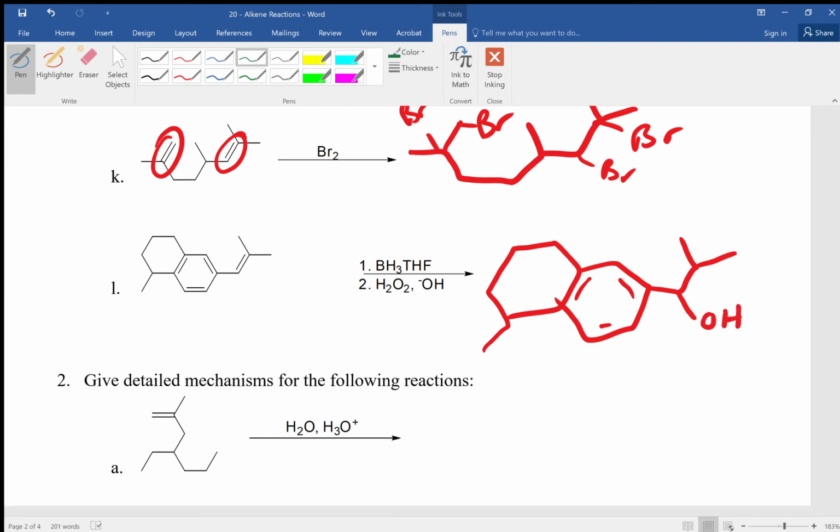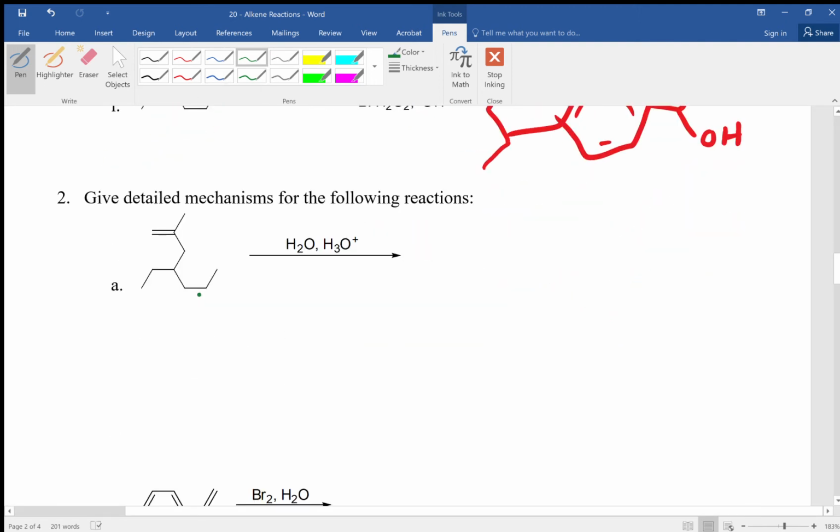All right, in question 2, we are determining mechanisms for the reactions. So first we have our acid catalyzed hydration. So we know that the alkene will attack the acid.